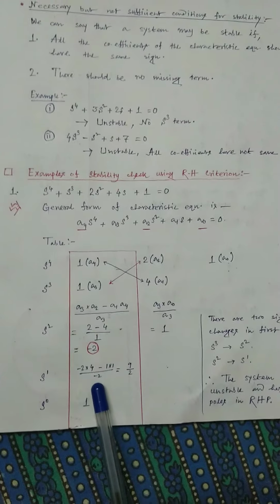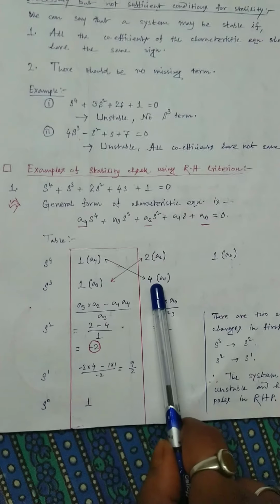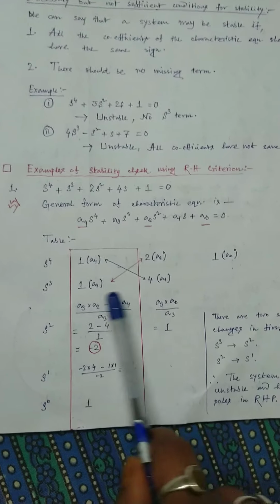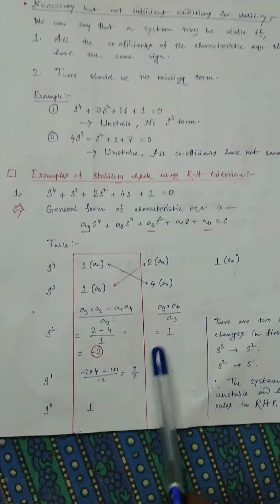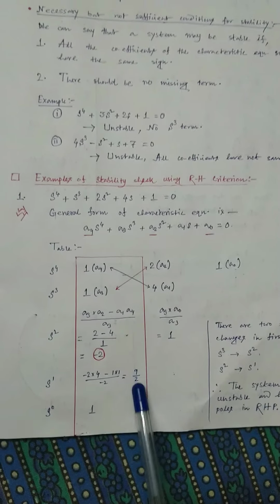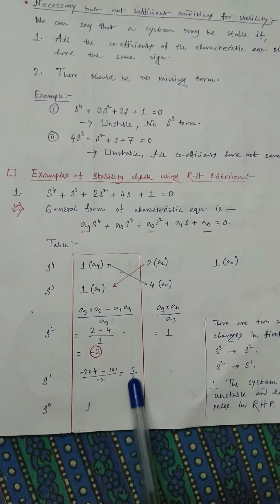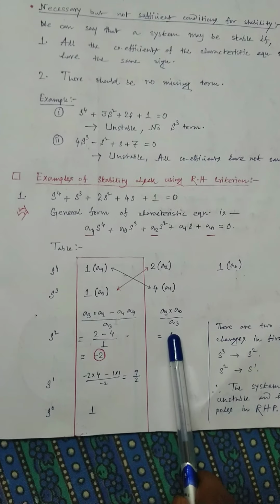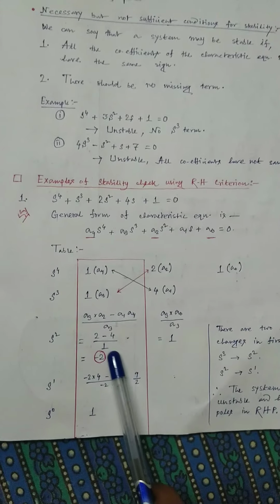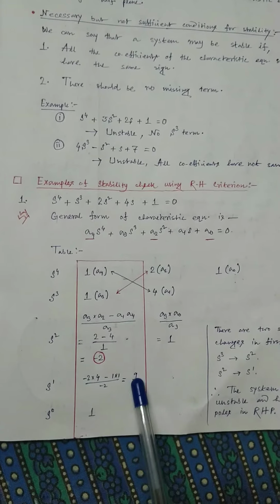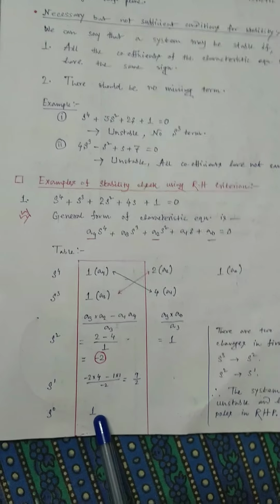Now at this point minus 2 into 4 minus 1 into 1 divided by minus 2, that is 9 by 2, and here 9 by 2 into 1 minus minus 2 into 0 divided by 9 by 2, that is 1.